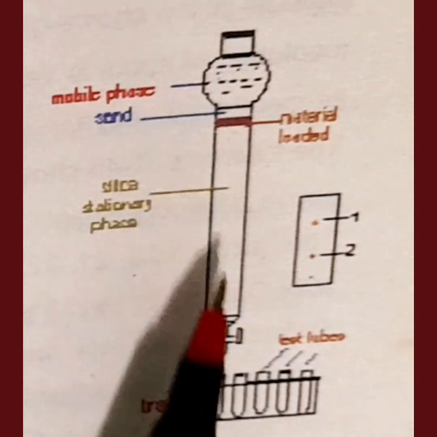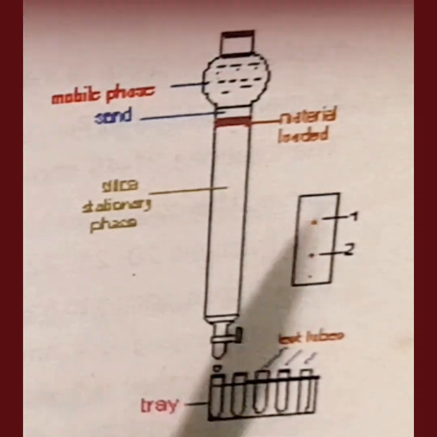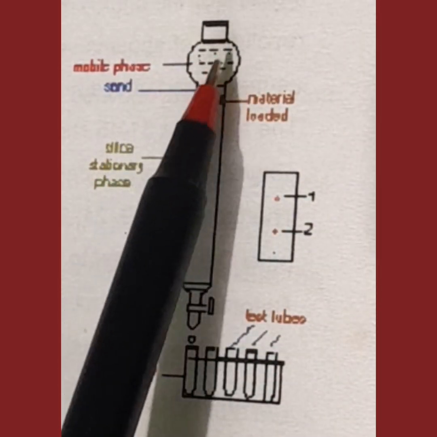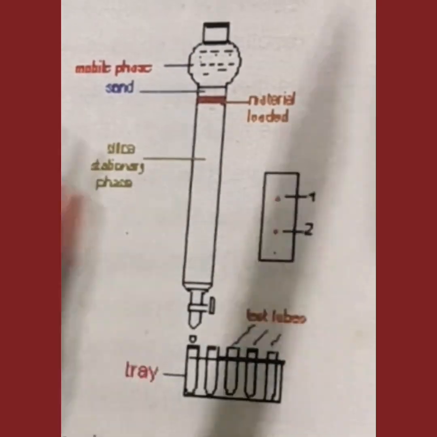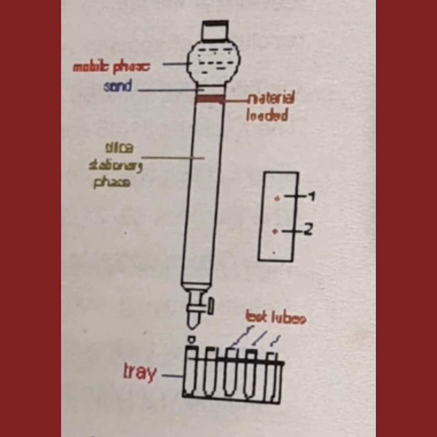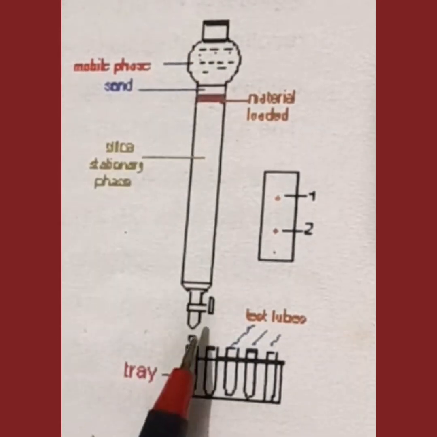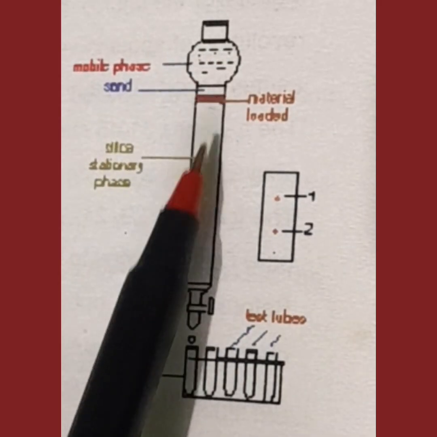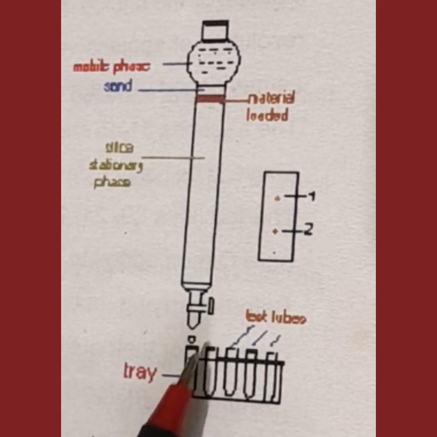Obviously, till this time the nozzle or the stopper is closed. So what we do is we load our material over here, and then we fill the reservoir with the desired solvent. Say if we tried dichloromethane for TLC, we can fill this up with dichloromethane, and mind you, till now the stopper is closed, and once we are set and stabilized, then we can open the stopper and start collecting fractions.